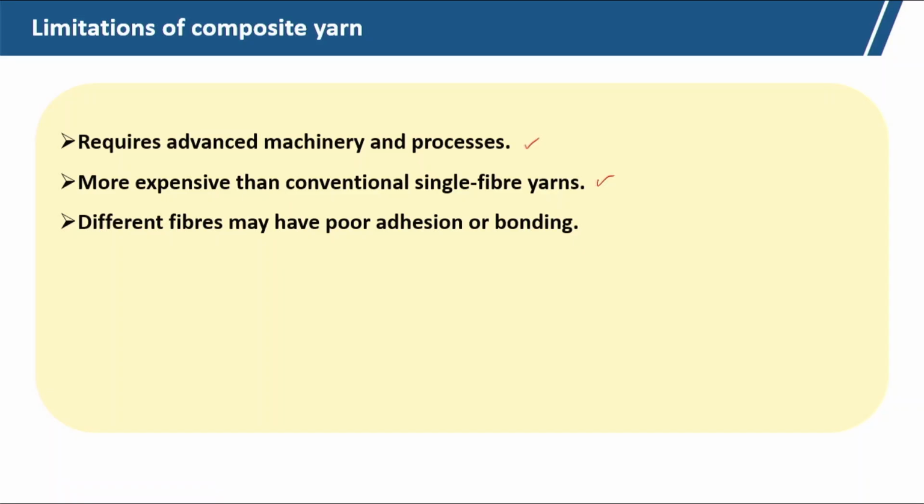Different fibers may have poor adhesion or bonding. So, that we have to see. Fiber to fiber adhesion should be there. Sometimes the yarn may fail due to poor adhesion, but that can be adjusted by properly selecting the fiber combination.